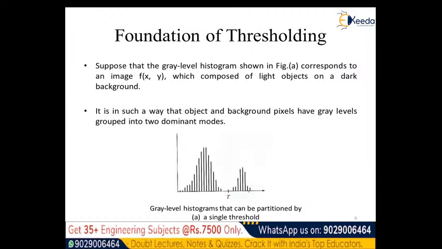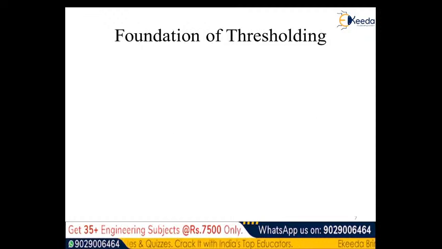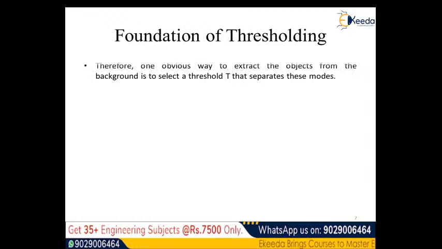Because of this, one obvious way of extracting the objects, which is the motive of image segmentation, from the background is to select a threshold T that separates these two modes. In the earlier problem, the threshold was at the value 32.